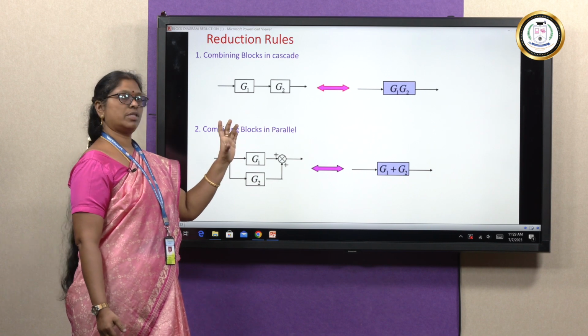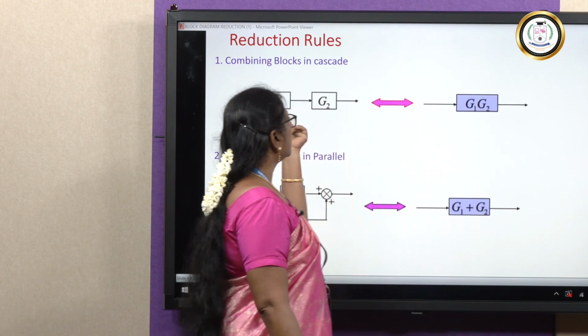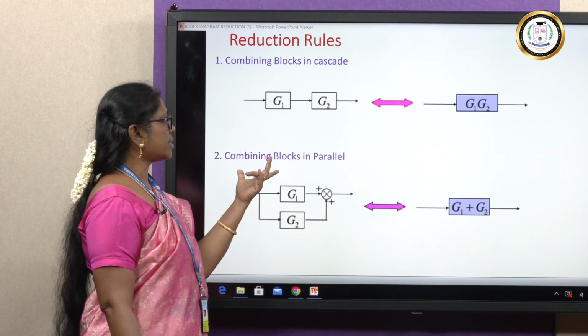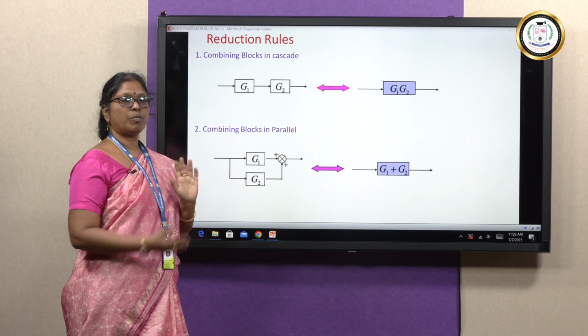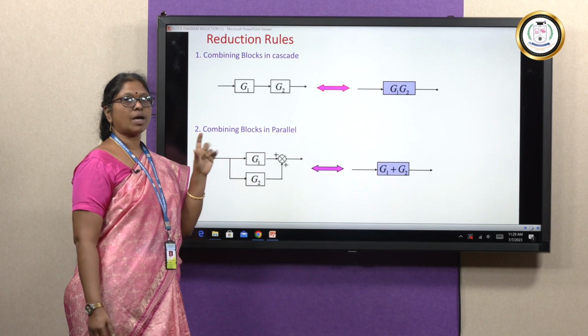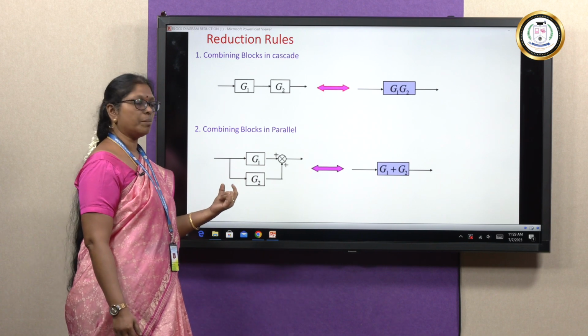We simply multiply G1 and G2 to combine these two blocks in cascade. One thing to remember is that blocks in cascade can be combined only if there is no summing point or takeoff point in between.